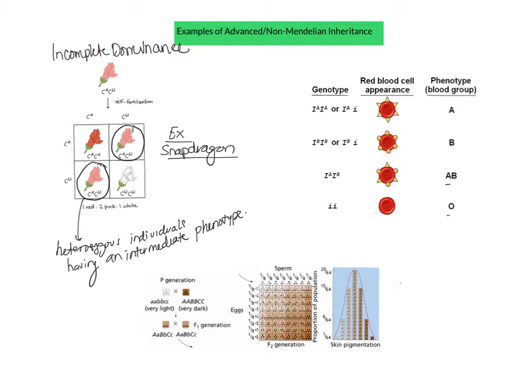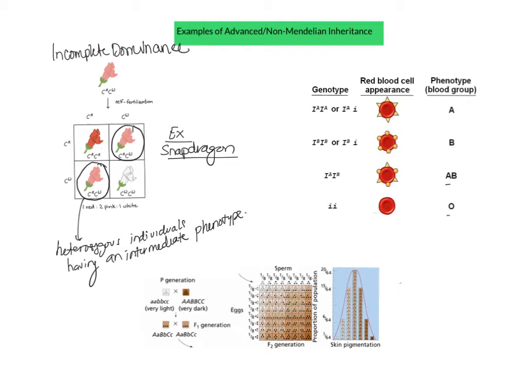And so because the allele for red flower color in snapdragons isn't fully dominant, and the allele with regards to white flower color isn't fully recessive, they actually use different letters. They use R and W. They don't follow the kind of convention of uppercase and lowercase.